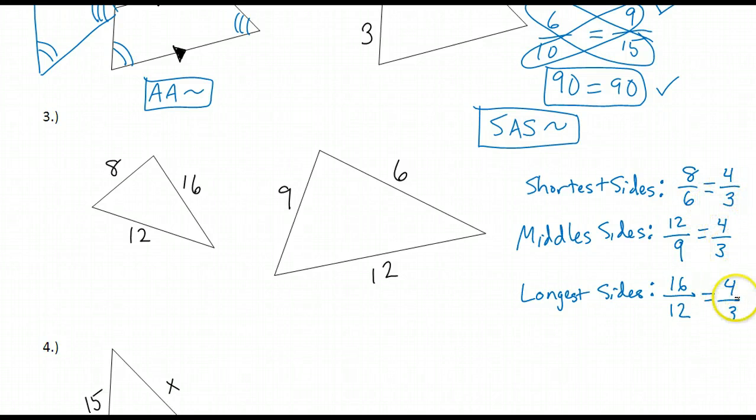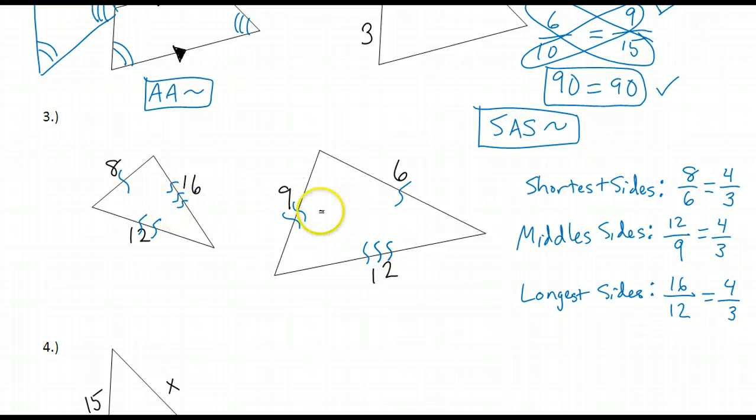If we look, we have the same ratio between all the sides, which means that these two triangles are proportional to each other. The shortest sides, 8 and 6, are proportional. The middle sides, 12 and 9, are proportional. And the longest sides, 16 and 12, are proportional.